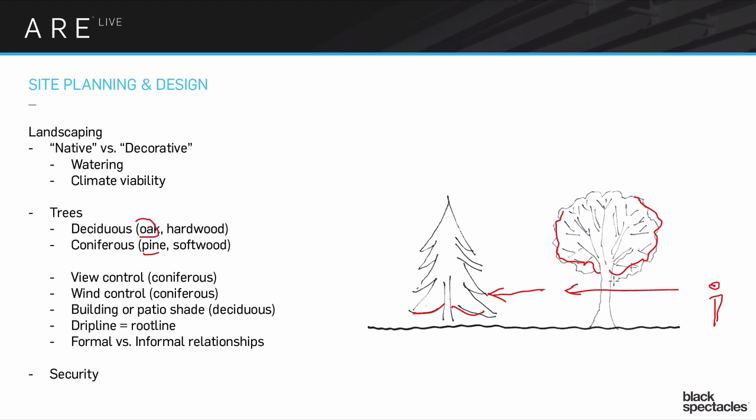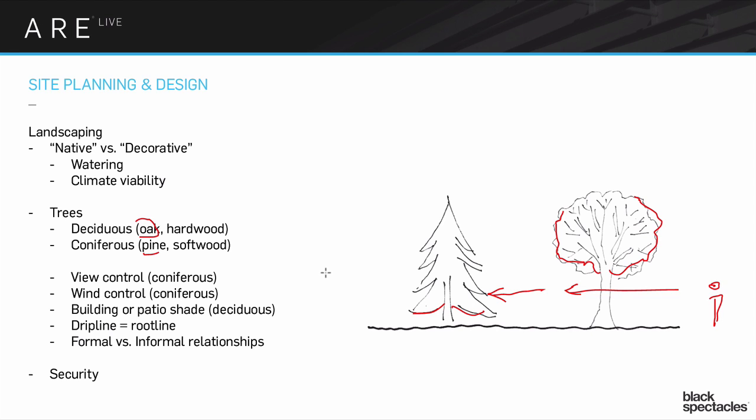When the winter is at hand and the leaves have all dropped off, the branches will make a difference in terms of how the wind is going, but it's not going to have that solid feeling that the coniferous trees will. So anytime anybody mentions wind, you're talking about a coniferous tree.